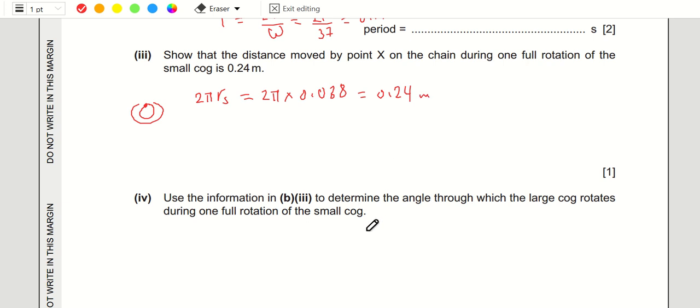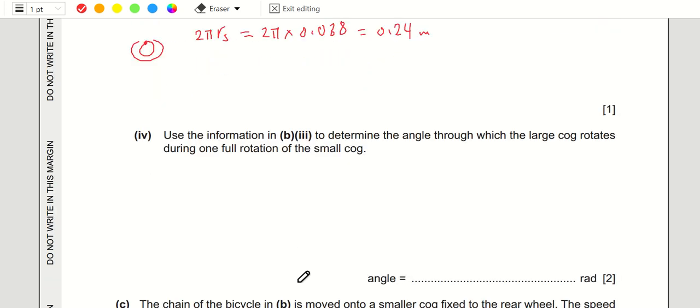Use the information in the previous part to determine the angle through which the larger cog rotates during one full revolution of the small cog. So the distance moved by the large cog, let us name it S large, is the same as the distance moved by the small cog.